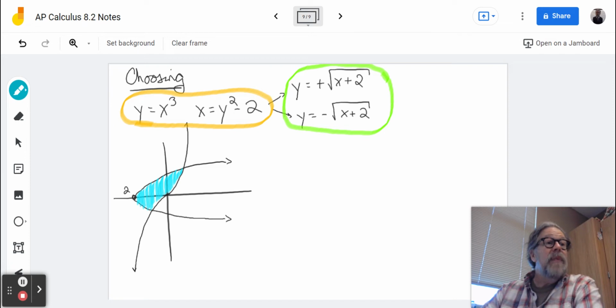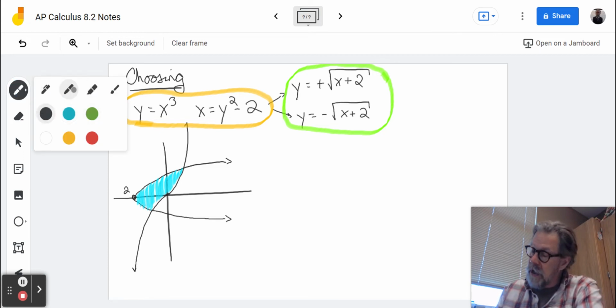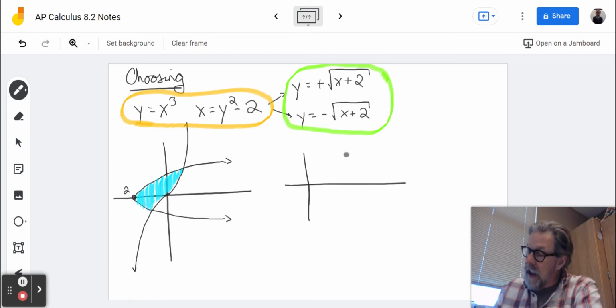Well, I could, if I were looking at the y version of this, say I'm going to start here and I'm going to end here, and my function will be, whoops, sorry, that's wrong. My function will be, I'll start here.